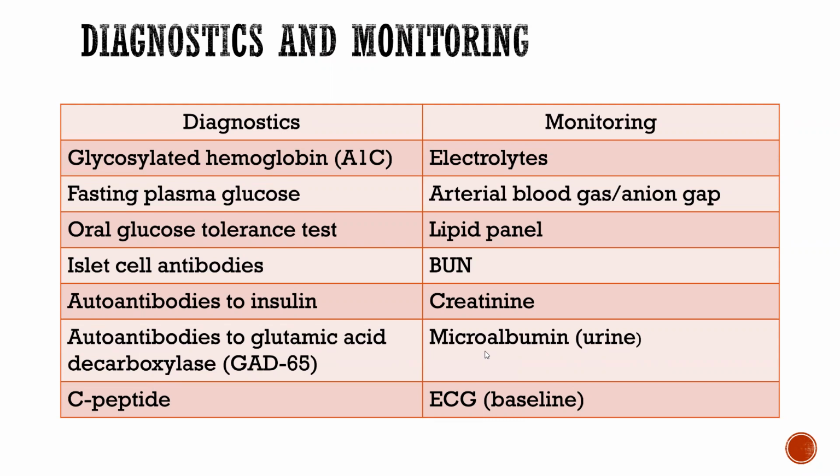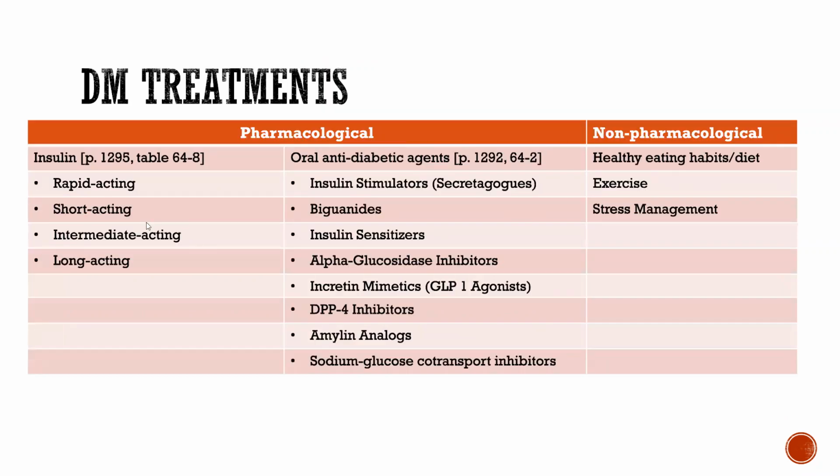Microalbumin in the urine is a sign of what? Early onset kidney disease, kidney problems, kidney failure due to macrovascular disease processes. So, lipid panel. In the book, which this presentation doesn't have, you have to know the difference in pre-diabetes, diabetes, and also metabolic syndrome.